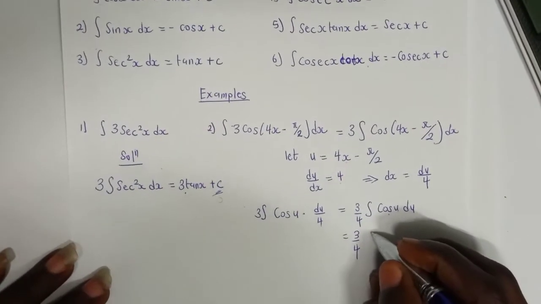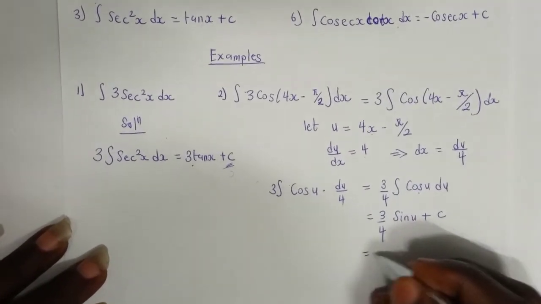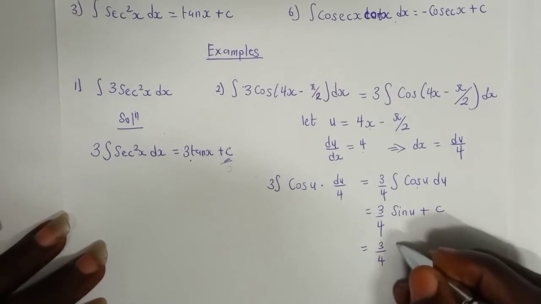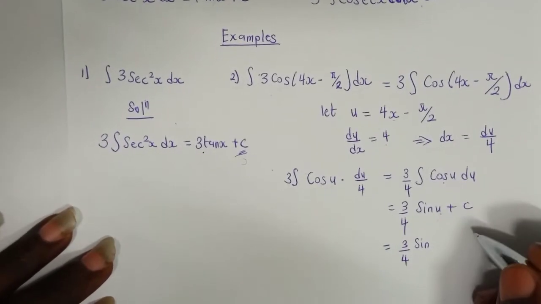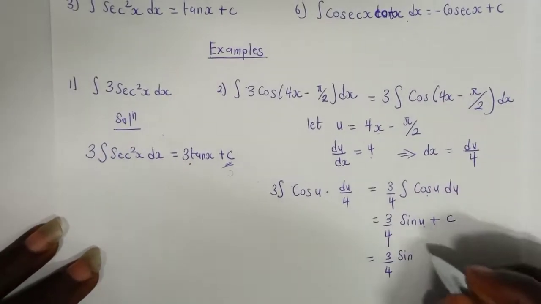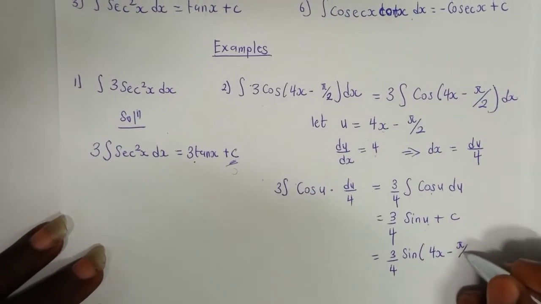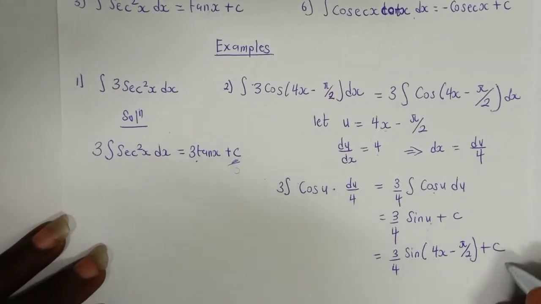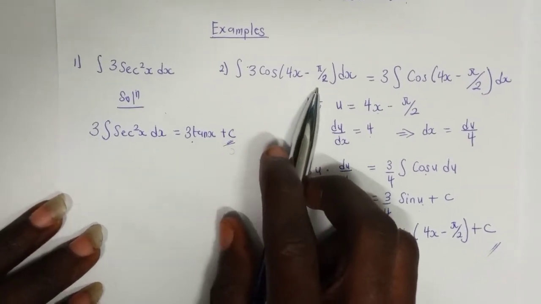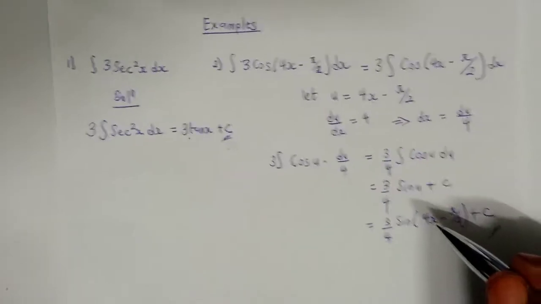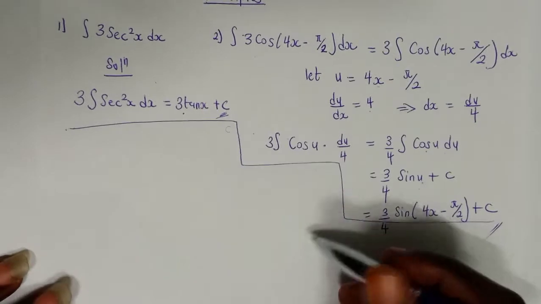So we are going to get 3 out of 4 sine, our u here is 4x minus pi on 2, plus c. So that's our integral for 3 cos of bracket 4x minus pi out of 2. Let's solve more questions.